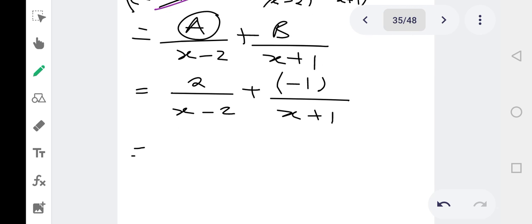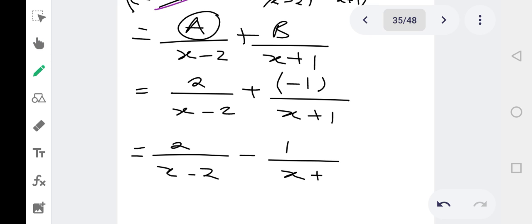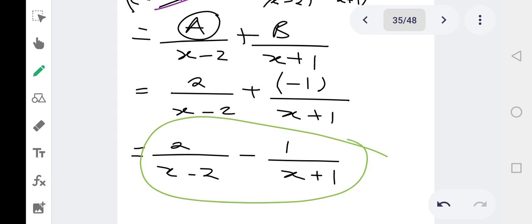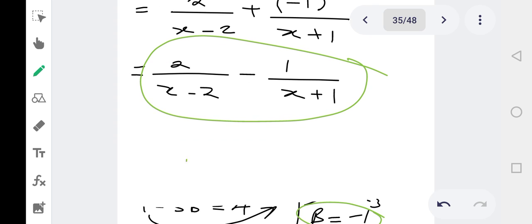What's going to happen here? So it's 2 over x minus 2. And then we know that this is positive, negative. You're going to have a negative actually. So negative 1 over x plus 1. So when you do this now, it means you are done with your question. So these two, this one and this one, these are partial fractions.